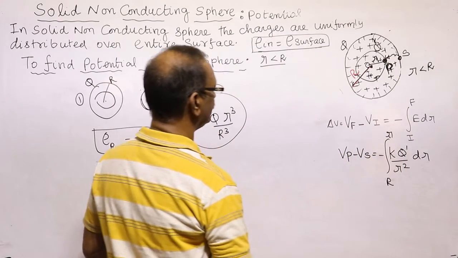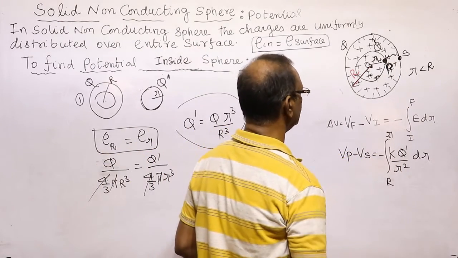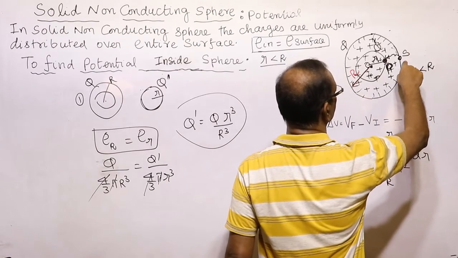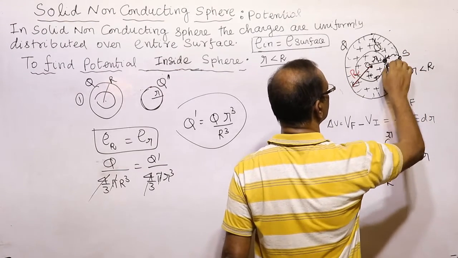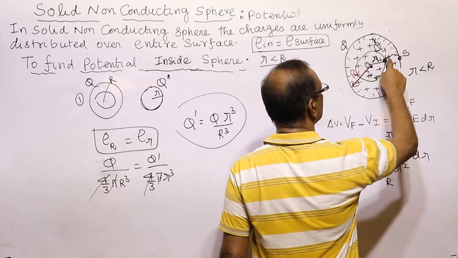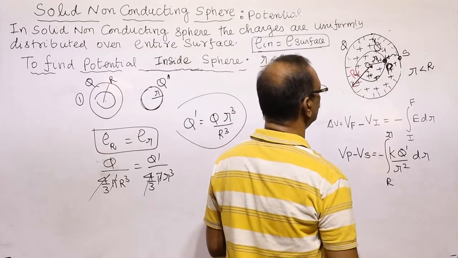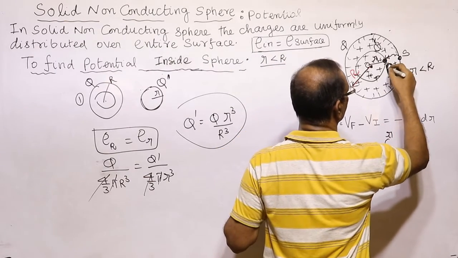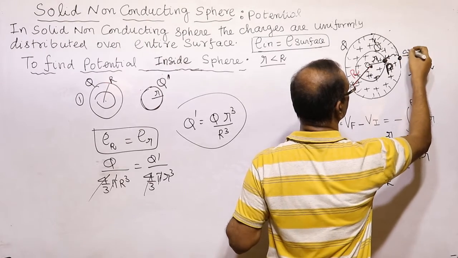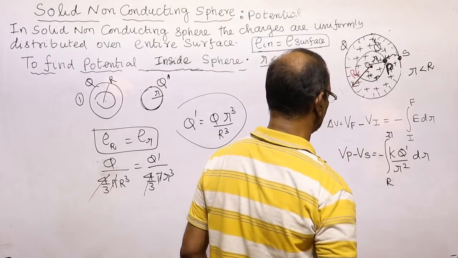What is the change in potential? Here it is brought from the surface to the point P, so the surface is initial and this point is final. So the change in potential is equal to the potential at point P minus the potential at point S. This we have done.